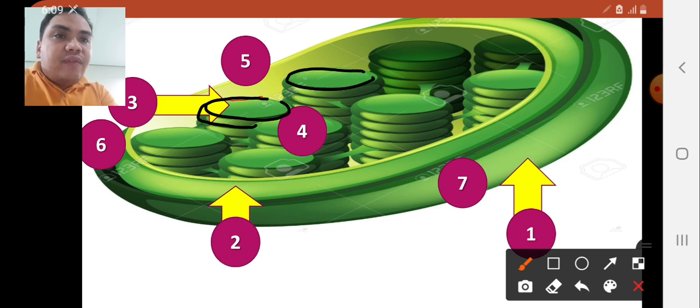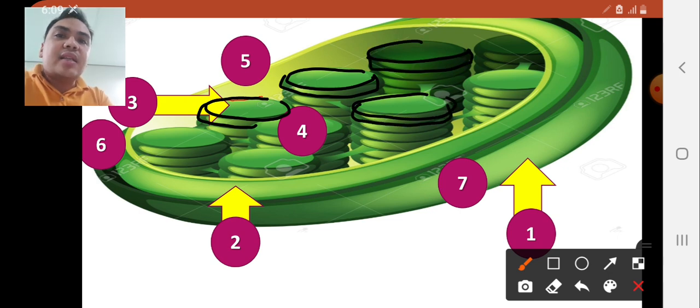These flattened sacs are actually the site of the light reaction of photosynthesis. These flattened sacs, which are considered to be the site of the light reaction of photosynthesis, are known as the thylakoid. So number 3 is the thylakoid.